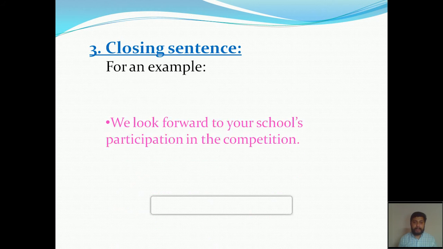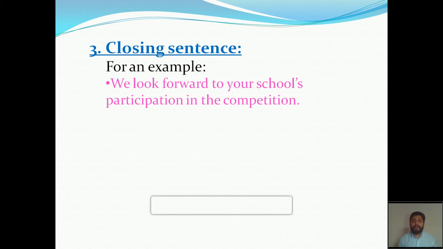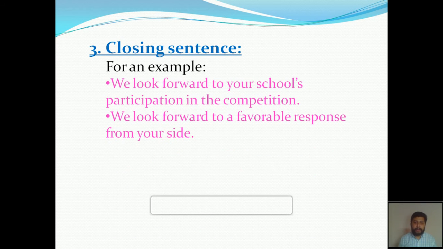Now the closing sentence. For example, we look forward to our school's participation in the competition. See, you have invited a school to participate in the competition, and finally we are concluding our email with the closing sentence. We look forward to your school's participation in the competition. Or we can write another sentence like, we look forward to a favorable response from your side.